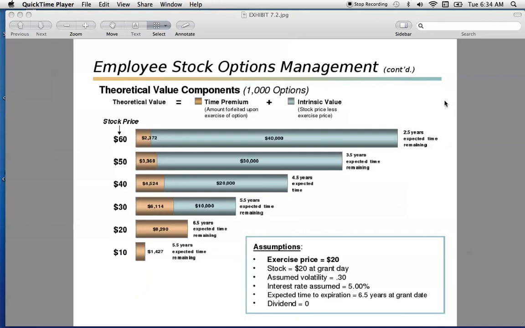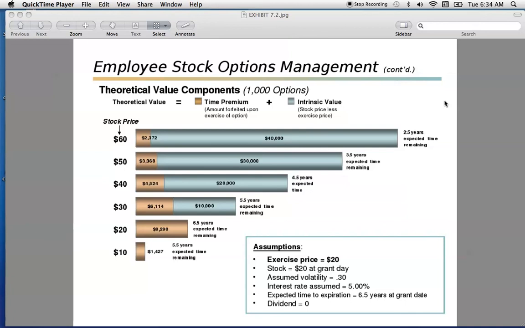We're also assuming for these graphs, instead of the maximum contractual life of 10 years for those options, 6.5 years of expected time to expiration. We're also assuming that there's no dividend.